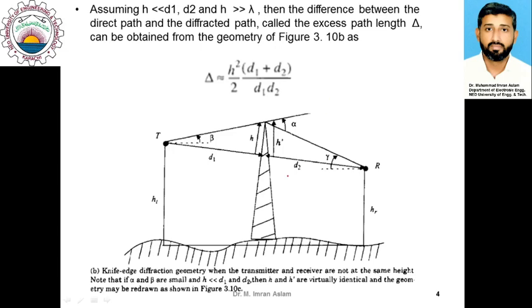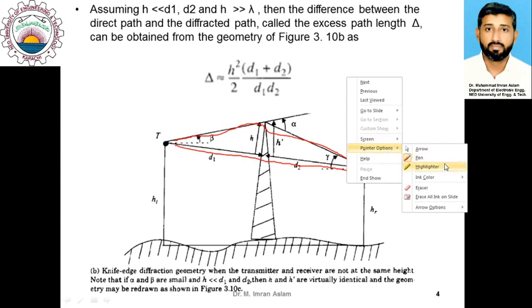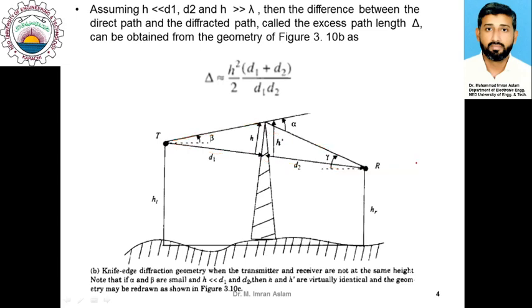One thing you should note is that there would be a path difference between this direct line of sight path and this diffracted path. You can imagine there is a difference, and we can estimate how much difference we can have, because it's a regular geometry, and by using the geometric principle we can calculate the path difference.